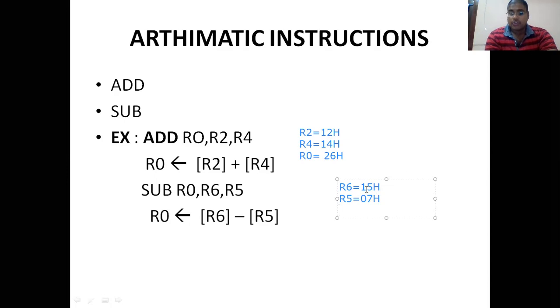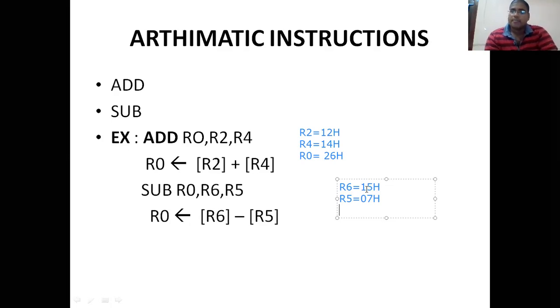If you subtract 15H minus 7, 15 is a hexadecimal number because I have written H. That means its decimal value is how much? 10 means 16, 11 is 17, 12 is 18, 13 is 19, 14 is 20, 15 is 21, or 16 plus 5, it will be 21. So we are going to perform a subtraction of 21 minus 7.